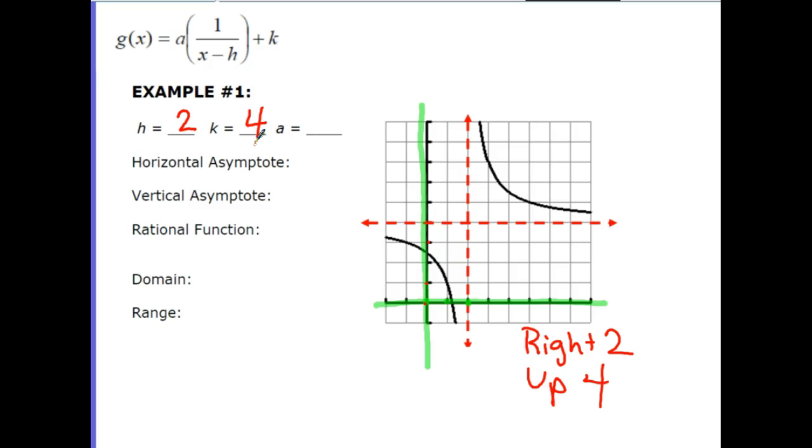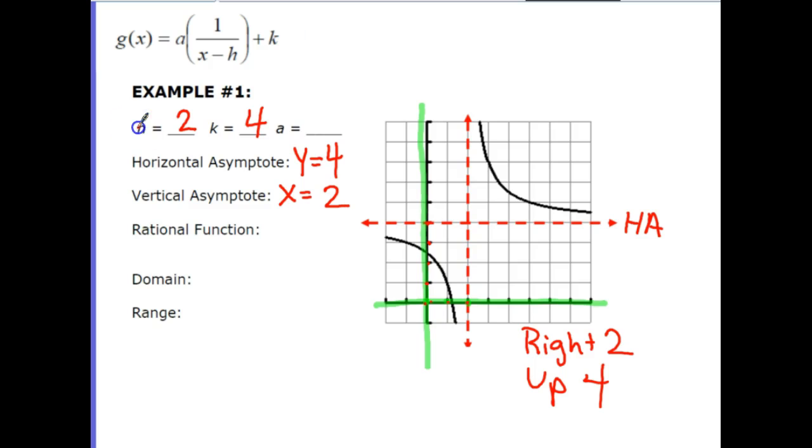This is the horizontal asymptote right here. HA stands for horizontal asymptote. It crosses the y-axis at 1, 2, 3, 4. The horizontal asymptote crosses the y-axis at 4. This is the vertical asymptote. The vertical asymptote crosses the x-axis at 2.